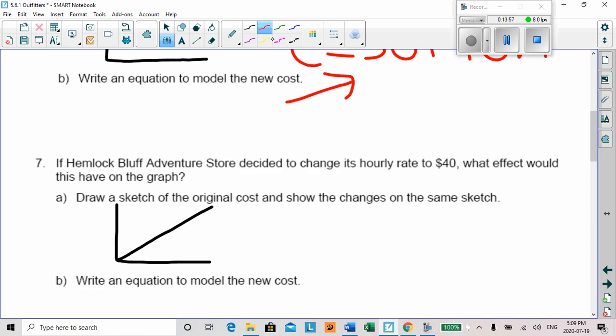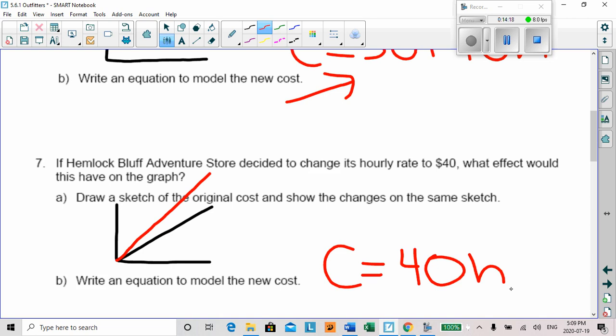This is the same idea. If you charge more per hour, your line is going to be a steeper line. It's still a straight line, it's just steeper. And it still starts at 0 because it's still a direct variation. The equation for this is now $40 per hour. So we write 40H.